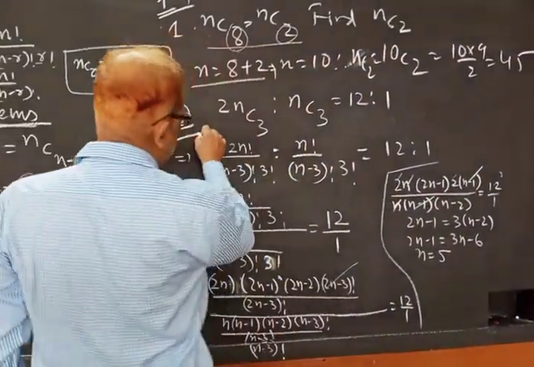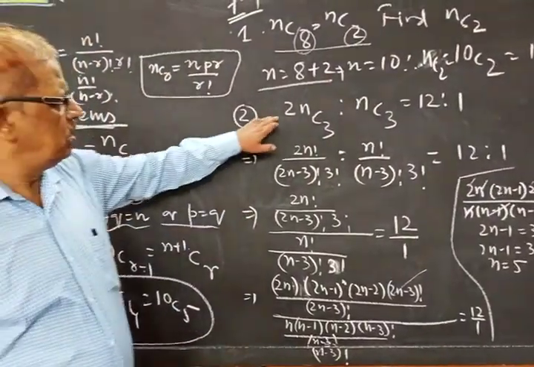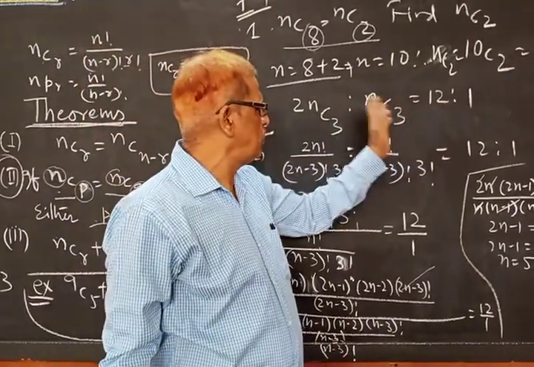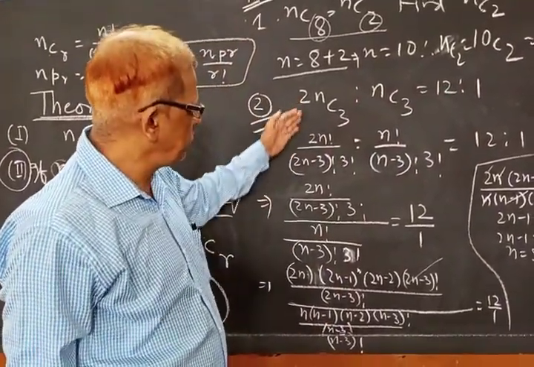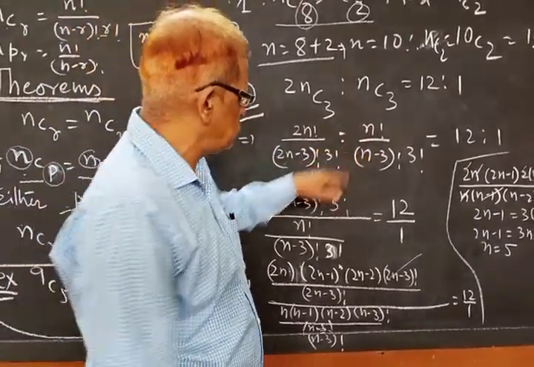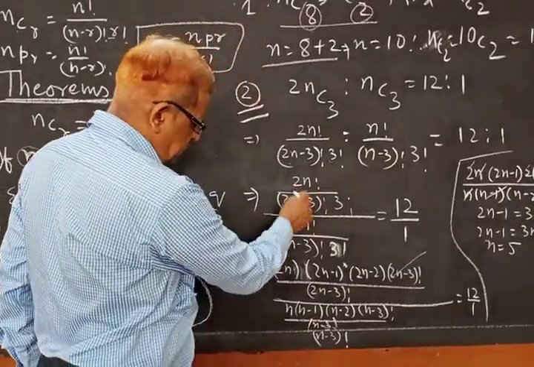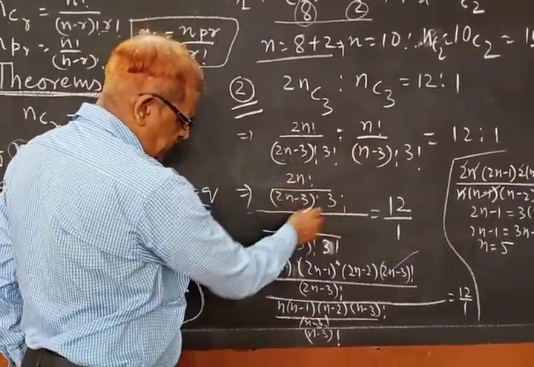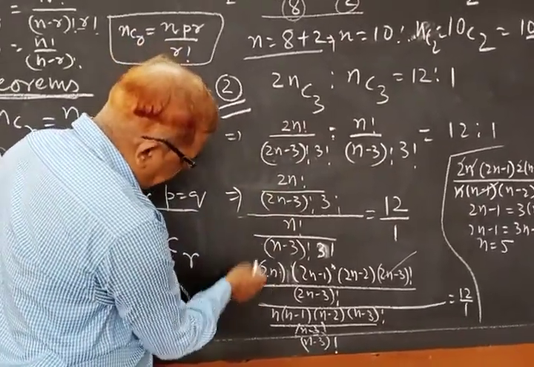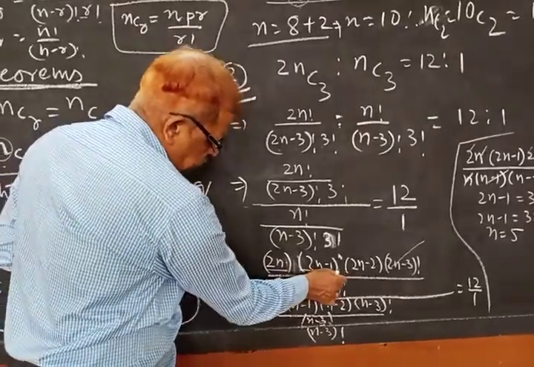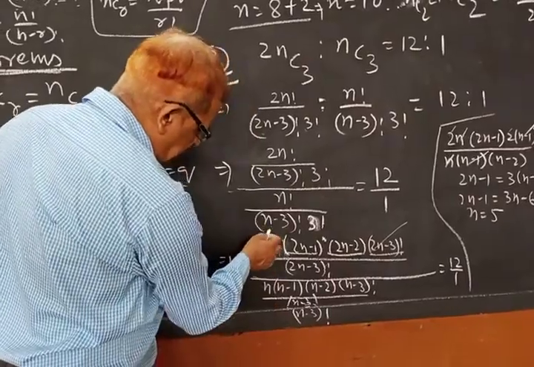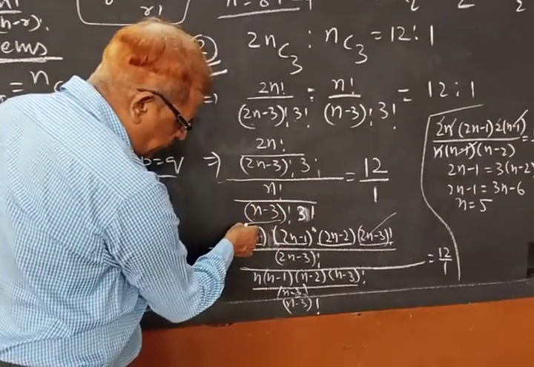Okay, question number 2. 2nC3 : nC3 is equal to 12 : 1, we have to find n. We will open by using the formula, factorial n minus r into factorial r, and change the ratio into a division sign. Then we open 2n, (2n minus 1), (2n minus 2), and (2n minus 3) factorial, similarly n factorial, (n minus 3) factorial.